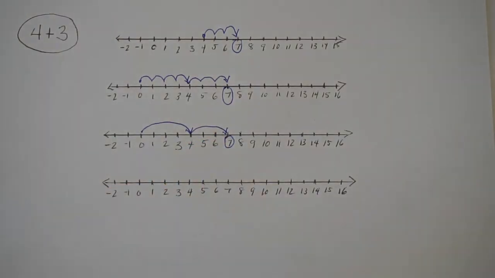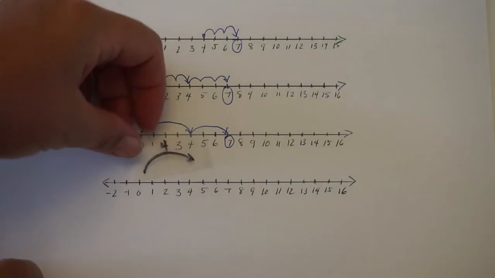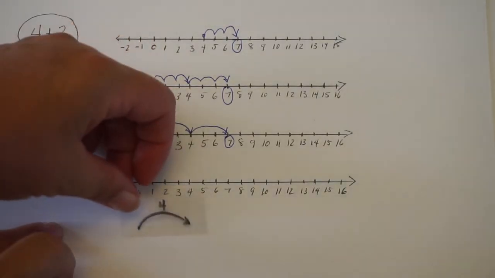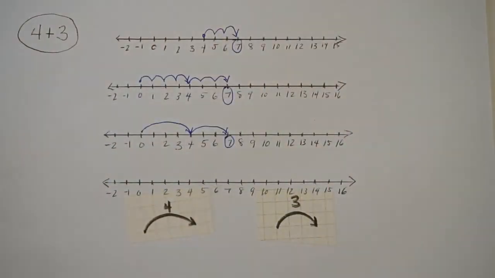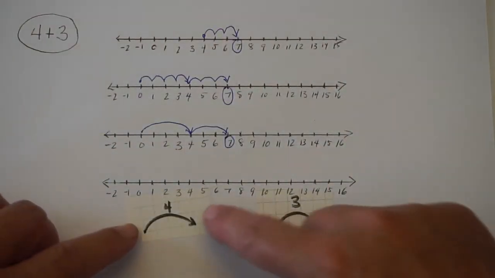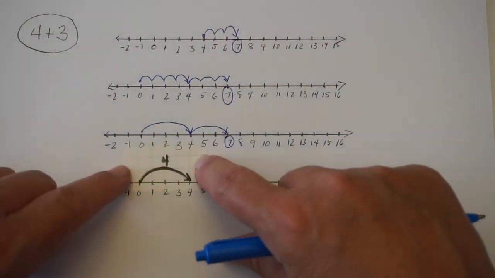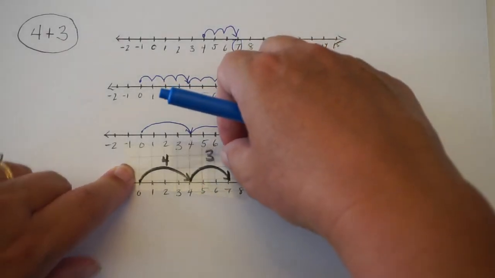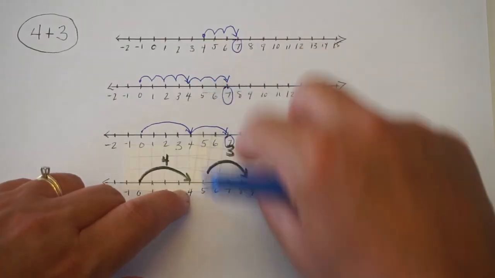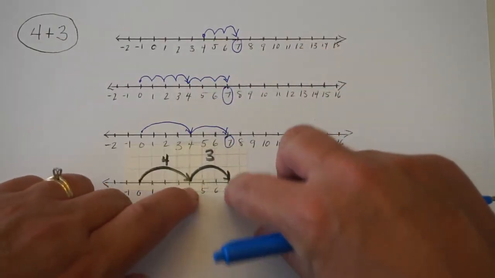One nice way to present this to students is to use a transparency overlay, because then we can say, look, I have a 4 here and I have a 3 here. And what I'm doing is representing my 4 and I'm representing my 3. One jump follows right after the other.